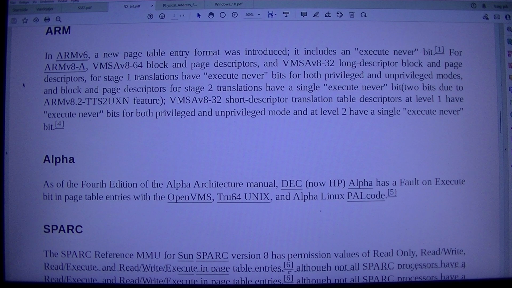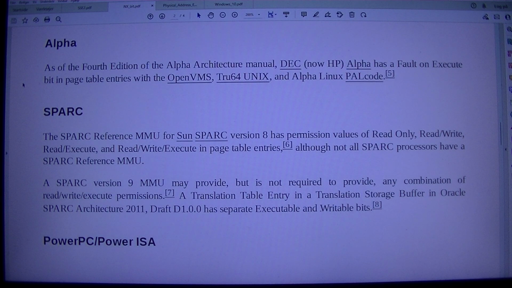Alpha. As of the 4th edition of the Alpha Architecture Manual, December, now HP, Alpha has a fault on execute bit in page table entries with the OpenVMS, Tru64 UNIX, and Alpha Linux PALcode. SPARC. The SPARC reference MMU for Sun SPARC version 8 has permission values of read-only, read/write, read/execute, and read/write/execute in page table entries, although not all SPARC processors have the SPARC reference MMU.